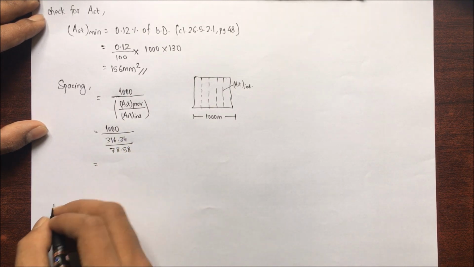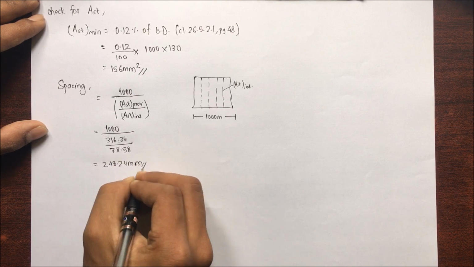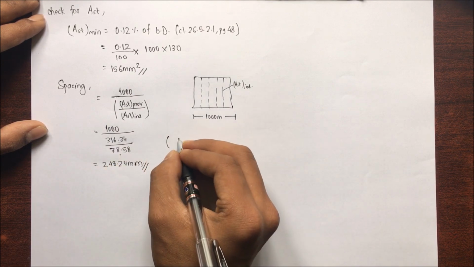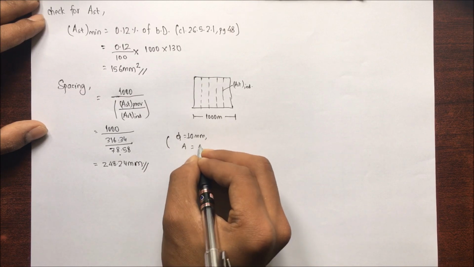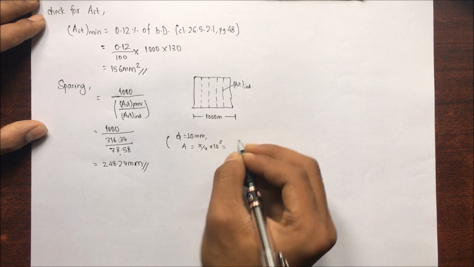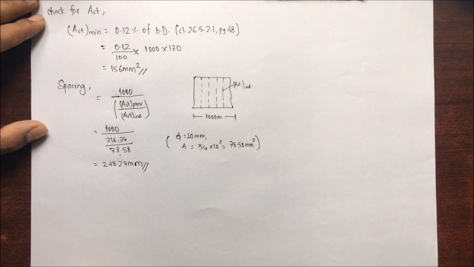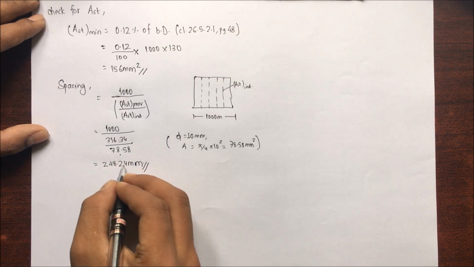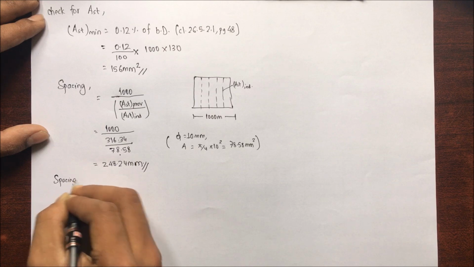Considering a bar of 10 mm, area is pi by 4 into 10 square, so 78.58 mm square. So the spacing between the bars comes as 248.24 mm, according to the area of steel provided.